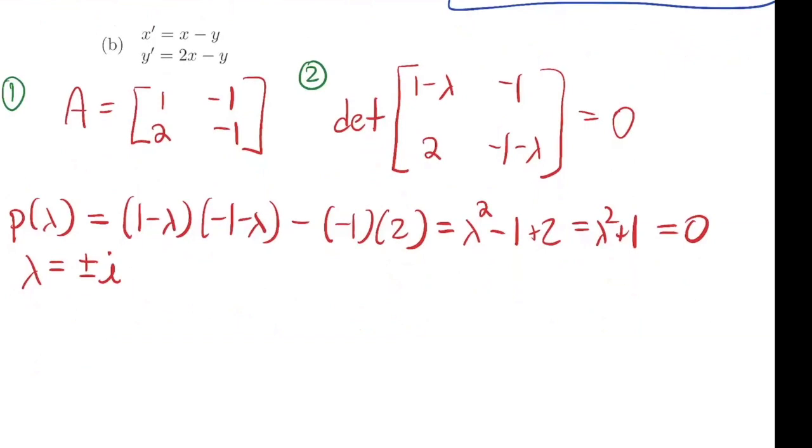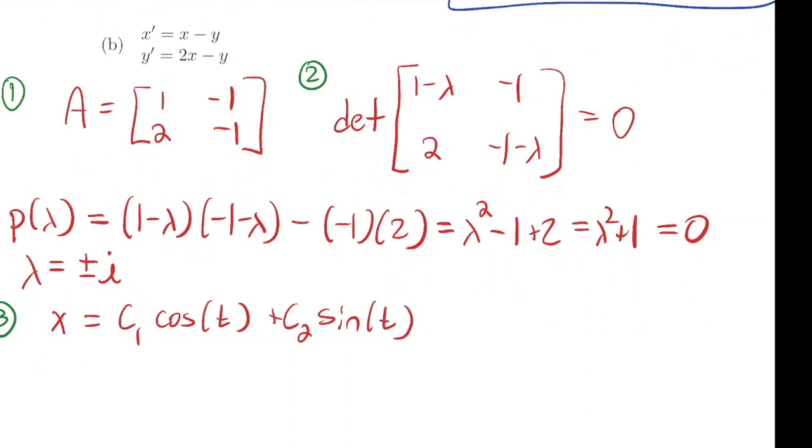From this, the next step is, okay, great, now we've got a solution for either x or y. I'll say x. This tells me that x is going to equal c1 times the cosine of t plus c2 times the sine of t. Our alpha value is 0 and our beta value is 1.